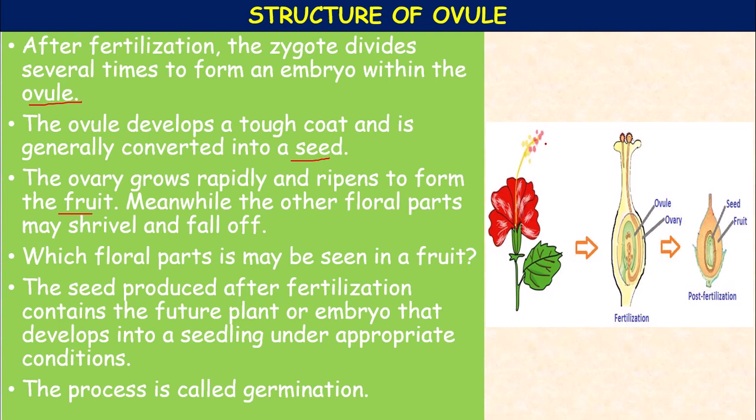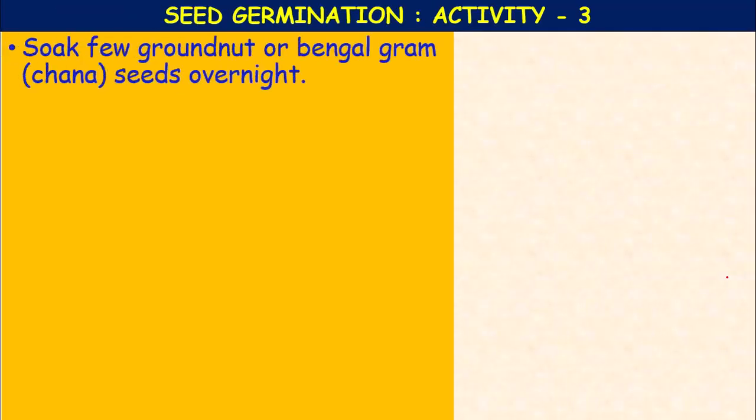The flower undergoes pollination and fertilization. Fertilization results in seed. Okay, the structure of a seed, a simple diagram you can see.